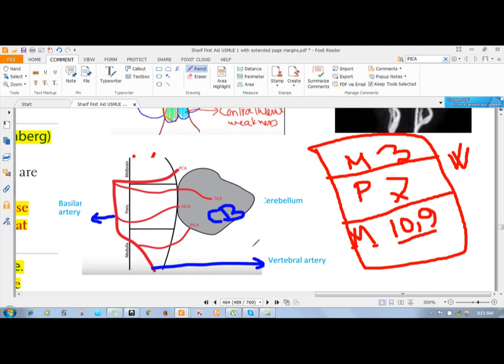So in the pons, you have this 7, and in the medulla you have this 10. But there is something common in between the pons and medulla.